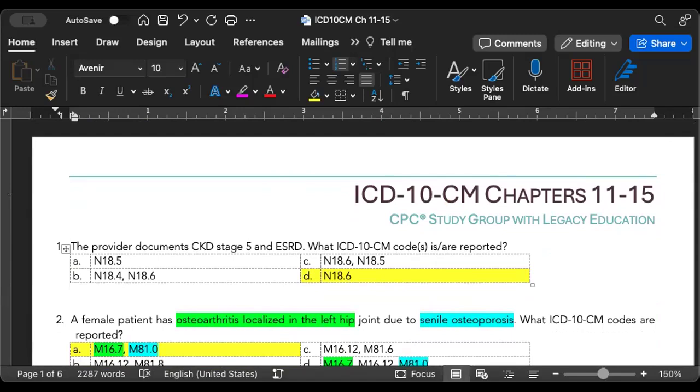The guideline about unstageable for the pressure ulcers. So it's not necessarily, let me see if there is a guideline as far as the differences between unstageable and unspecified. Let me look. So we need to go to chapter 12.